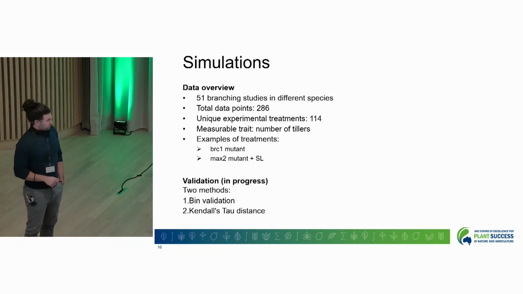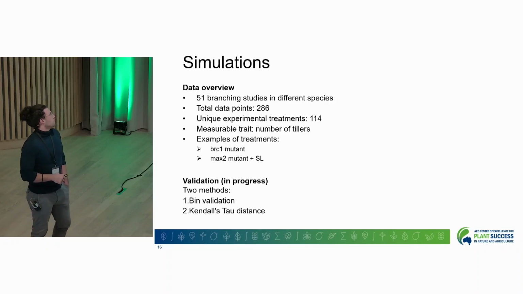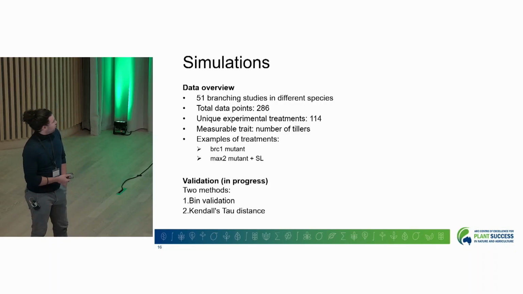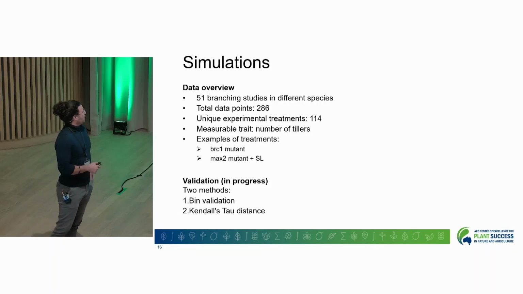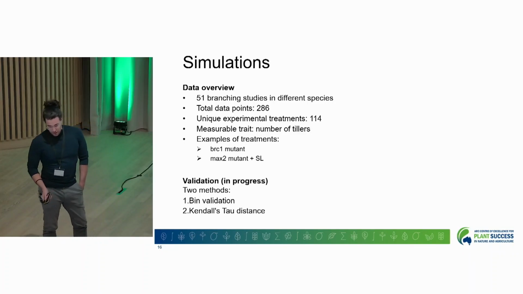Sorry. And then we went to validate, and we used 2 methods. First, I used binary validation, which just shows us if a perturbation, for example, the BRC1 mutant, is higher or lower than the wild type. And then we found quite high accuracy, but then we wanted to see how different mutants are branching in comparison with other mutants.